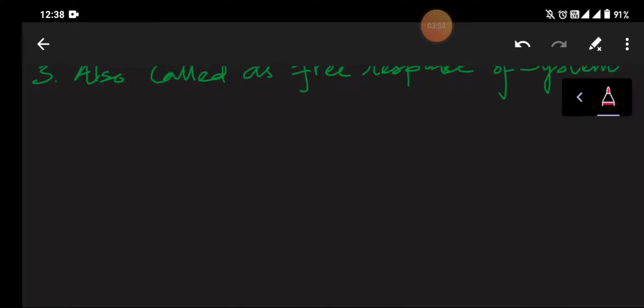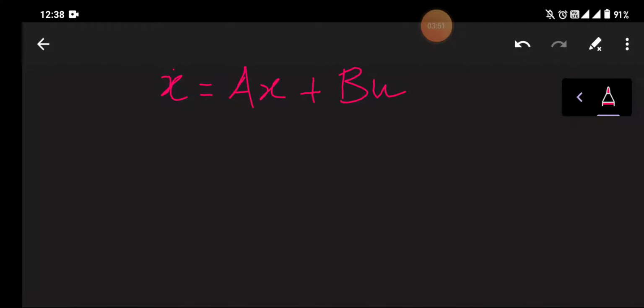As we know, x dot is equal to ax plus bu. If the input is 0, this term will be equal to 0. So the equation will be modified as x dot is equal to ax.